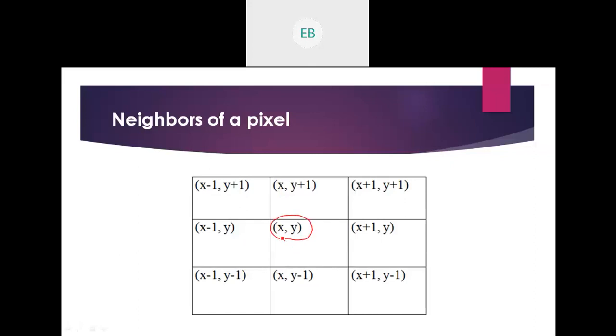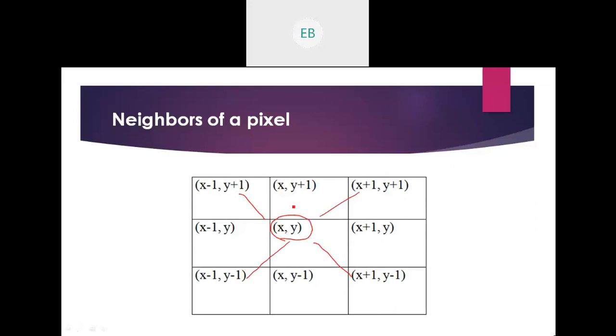What is the diagonal neighbor for this pixel? (x minus 1, y minus 1). Only this? (x plus 1, y plus 1). Okay, so this and definitely this, (x minus 1, y plus 1). Yes. And this? Yes. So these are the diagonal neighbors of (x, y).